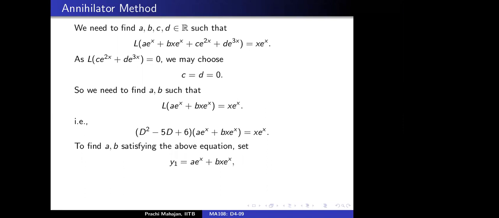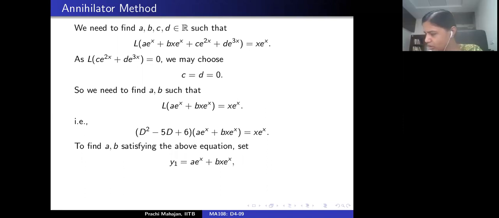You write down the general solution of ALy equal to 0 and eliminate from the general solution found the terms that appear in the solution of Ly equal to 0. So these may not be the same as the solution of the annihilator. These are two different things. Eliminate from the solution of ALy equal to 0 the terms that appear in the solution of Ly equal to 0. Correct?